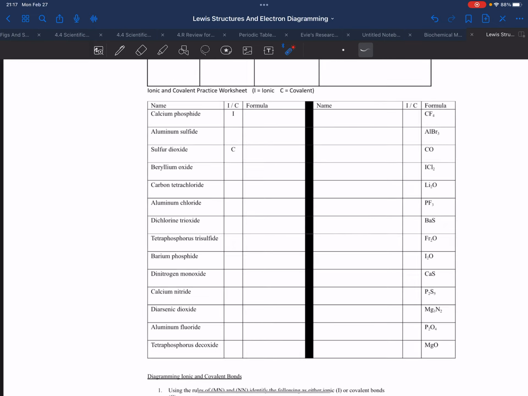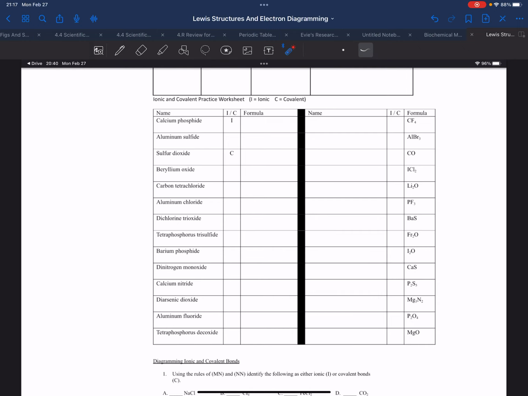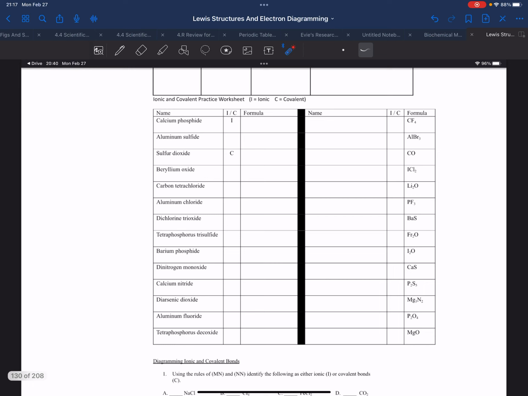So I'm going to kind of guide you through this next part. So over here on the left side, found on your next page, the writing of the formulas or determining of the names of each of these.